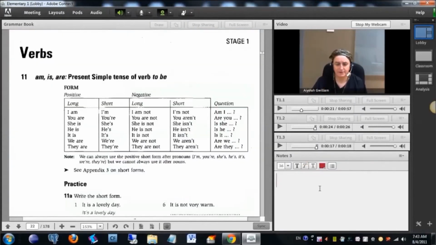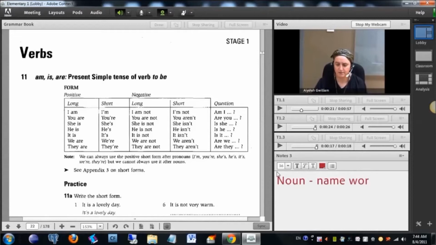Well, very good. Now, I'd like to talk about the next part of this lesson, which is about the verb to be. Okay, but first I'm going to need to tell you about the noun. A noun is the name of a word.